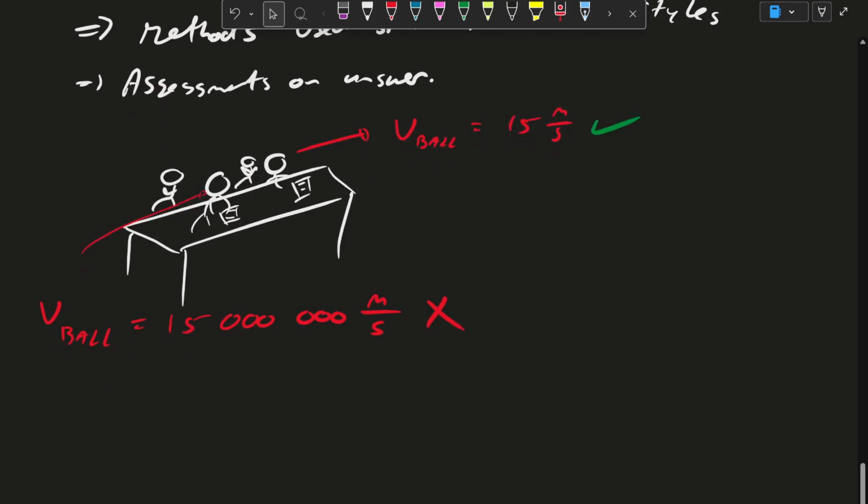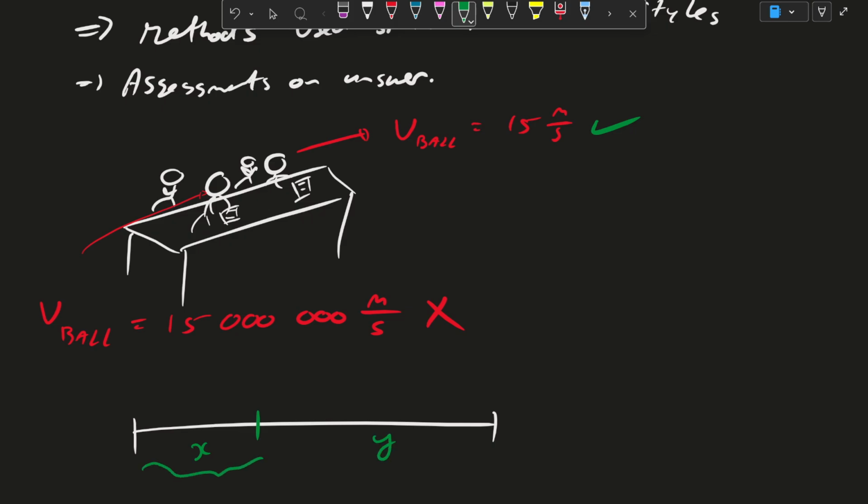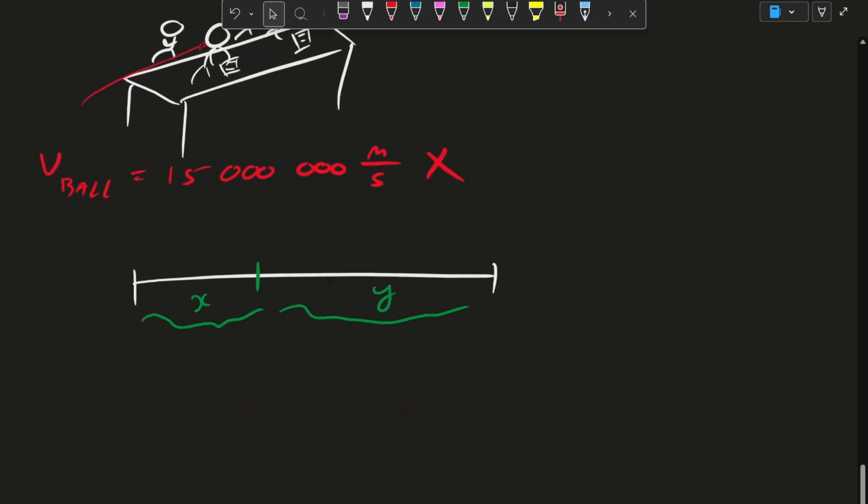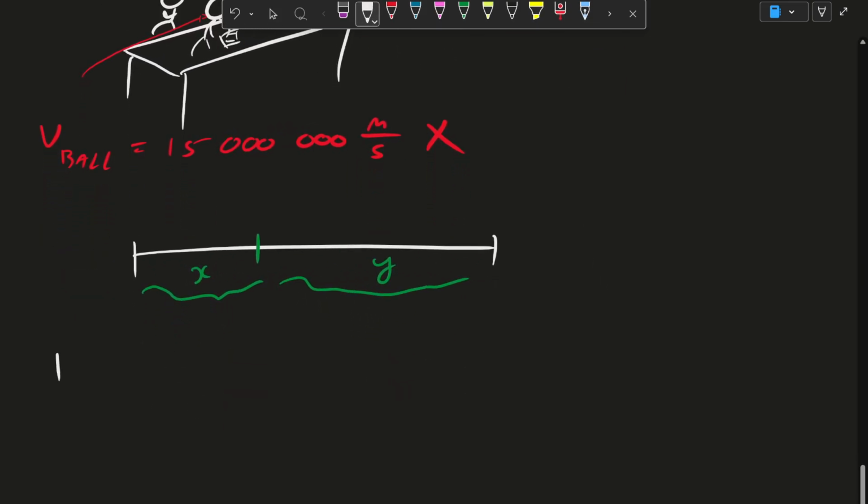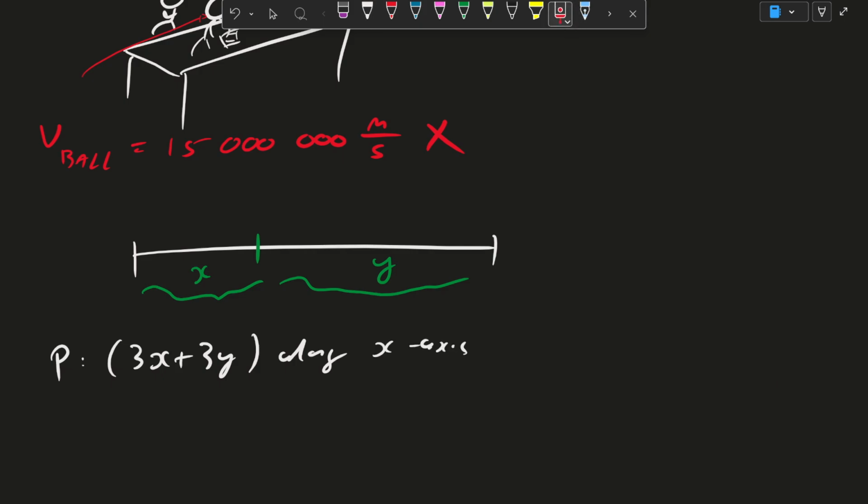Another way, in terms of more mathematical things instead of using physics, is say if I had a line and I was to split the line, say here. So I'd have a length here of x and a length here of y. If I got that the point was a distance of 3x plus 3y along the x-axis, which would be somewhere over here, I would know that's completely wrong because it doesn't make sense in the picture.